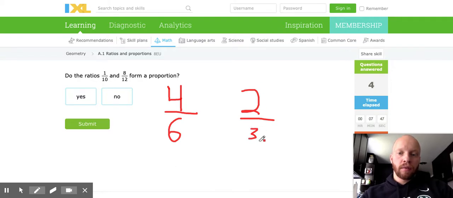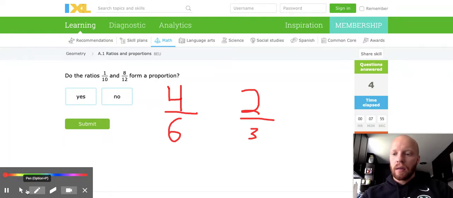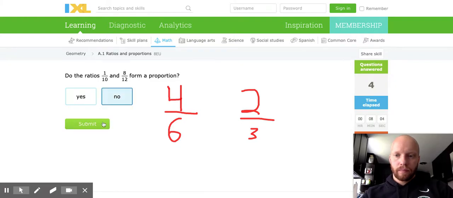Now 2/3 is simplified. So there's 1/10 and 2/3. Is that the same proportion? Once again, that's a no, okay?